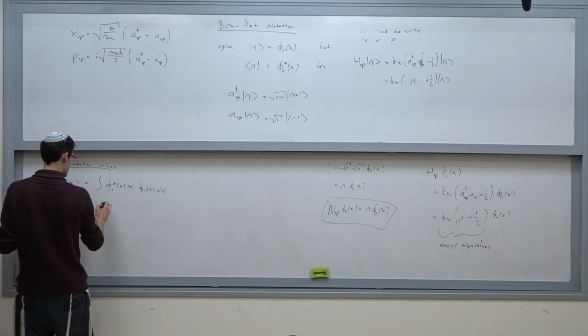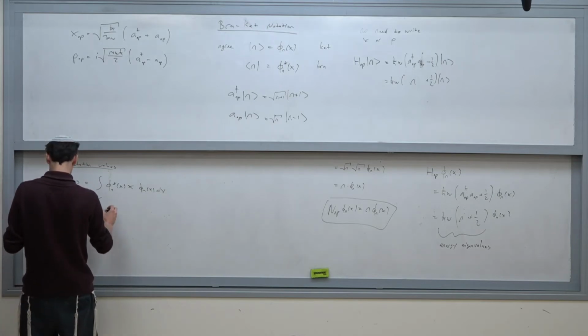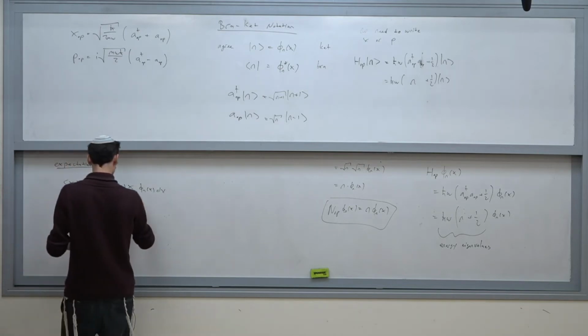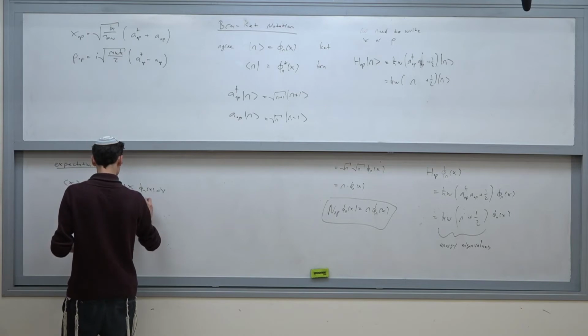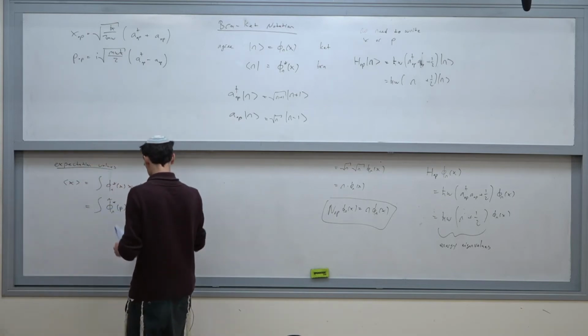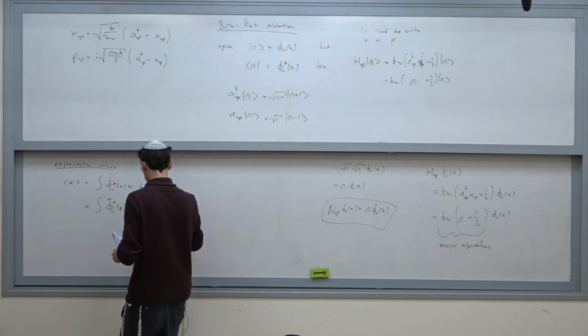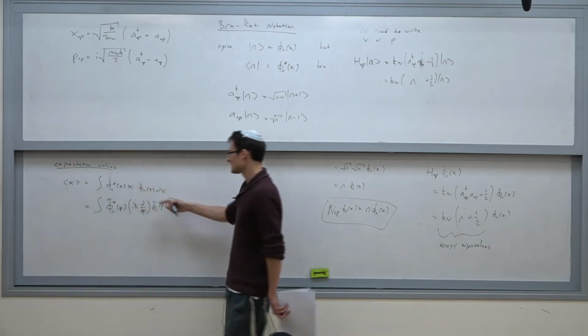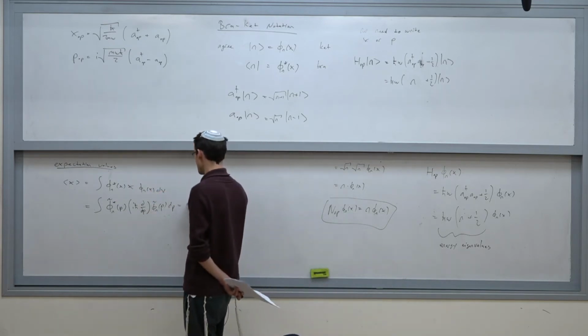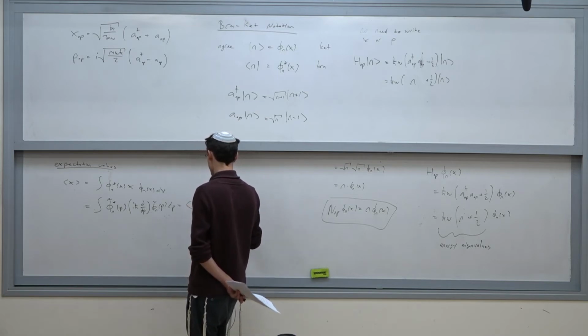Or sometimes we have been writing that it is the integral of phi n tilde star of p i h bar d/dp phi n tilde of p dp. Right, this is the same. This is X representation, this is P representation. You realize this is just the same as saying <n|X operator|n>.